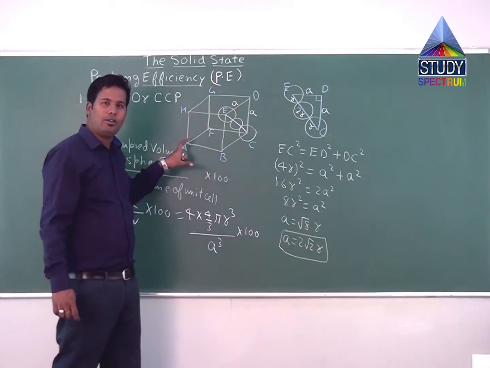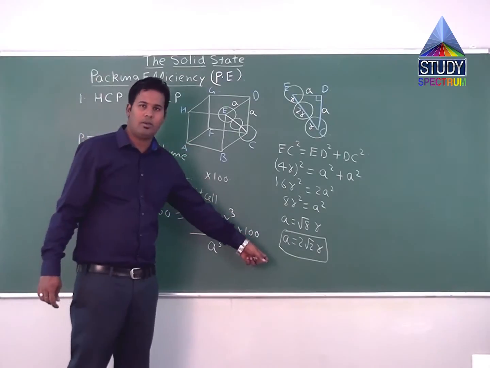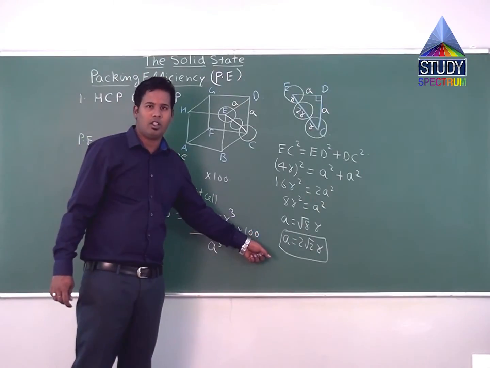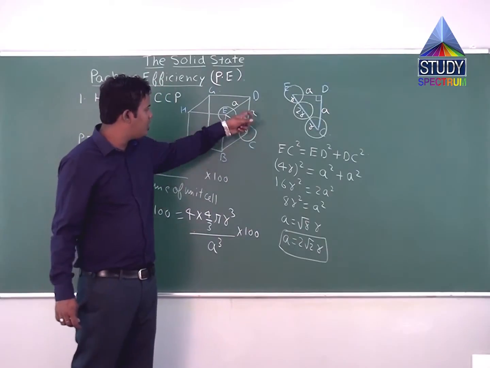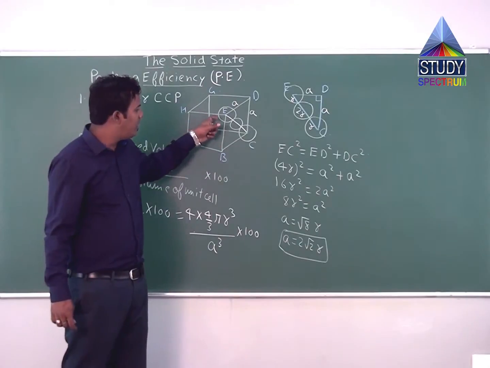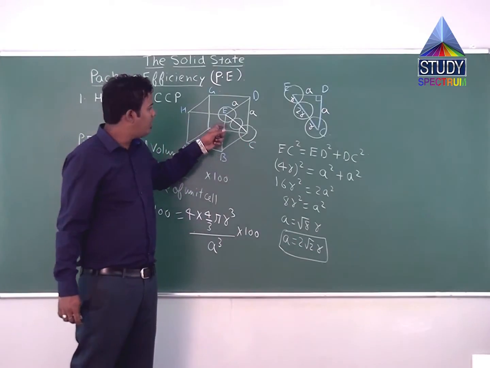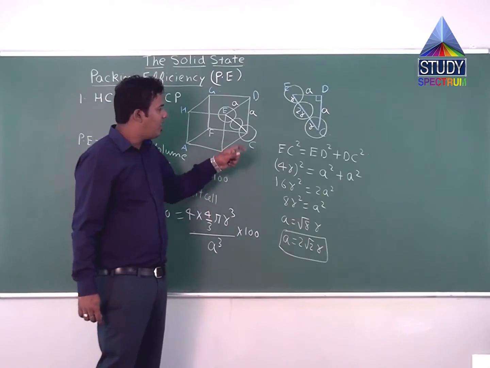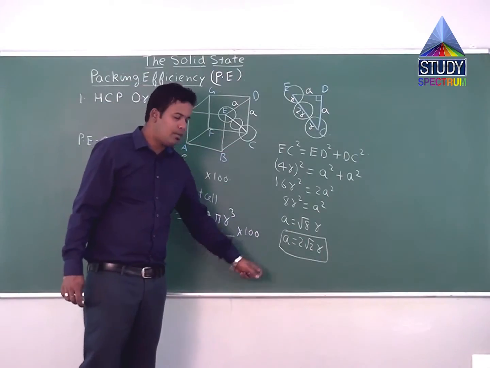If you use any of the face in fact from the cube, you will get the same relation between A and R. This is just for the sake of convenience in our calculation, that we have used the face BCDE and the diagonal EC and the triangle EDC, that is right angle triangle, right angle at D. Correct? So we have a relation between A and R.